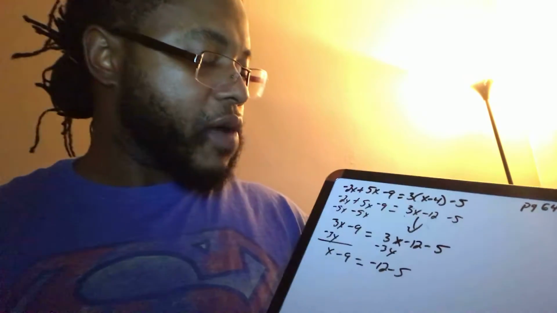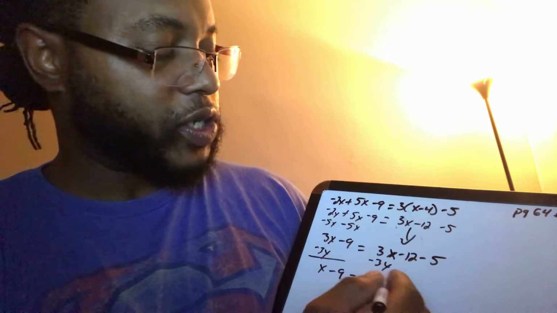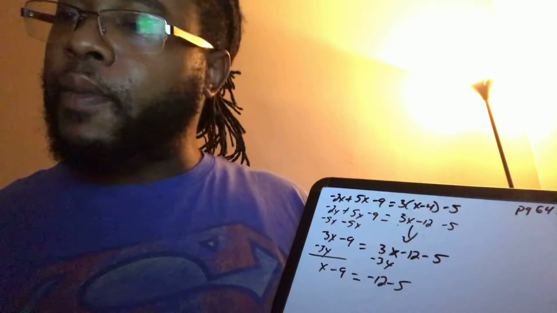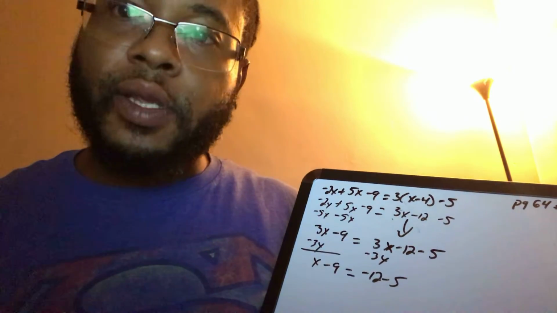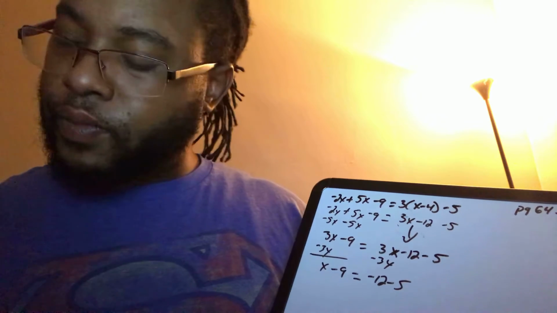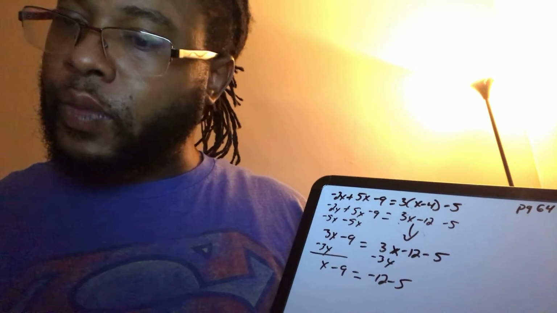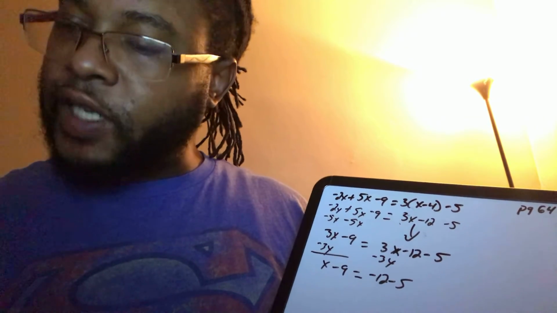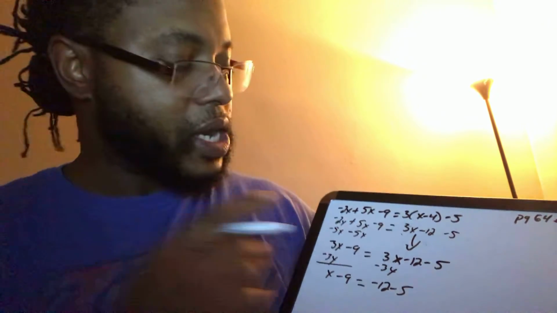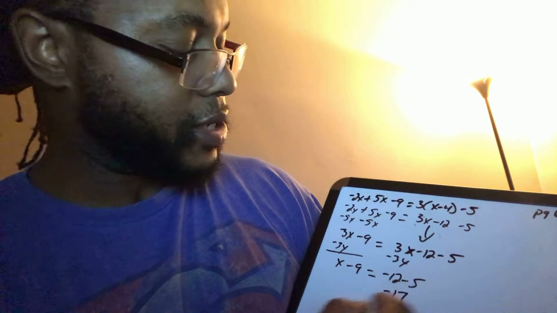I'm going to use my calculator because I'm horrible with negatives. -12 minus 5 is going to equal -17.